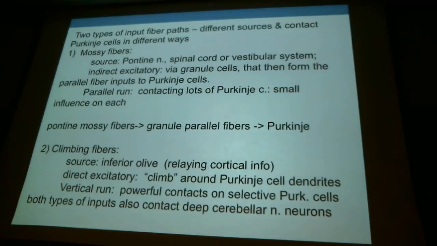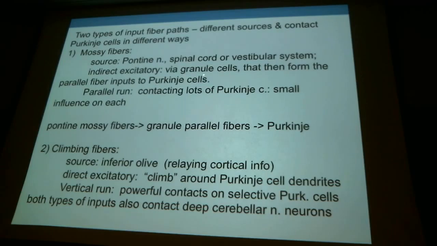Now let's compare and contrast these two types of input. On the one hand, you have the mossy fibers. The source of the mossy fibers are the pontine nuclei, which receive input from the cortex, spinal cord or vestibular system. These are indirect excitatory.